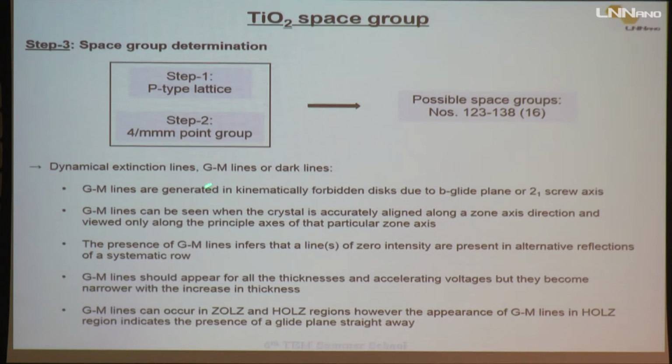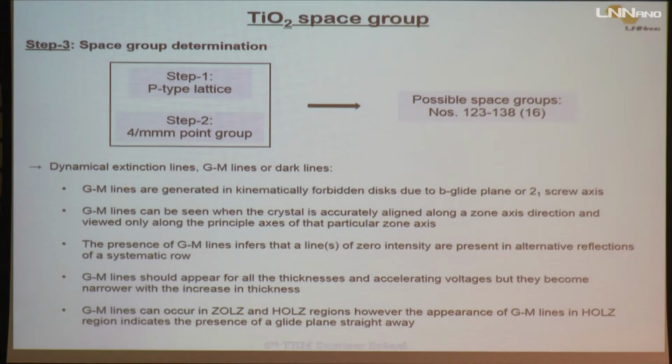Based upon these lines, I need to reduce my number of possible options in the space group and extract one particular space group. These are some of the characteristics of GM lines, because you need to understand, or we need to observe, or precisely identify a GM line in your CBD pattern. Only then is it possible to understand the space group of your sample.